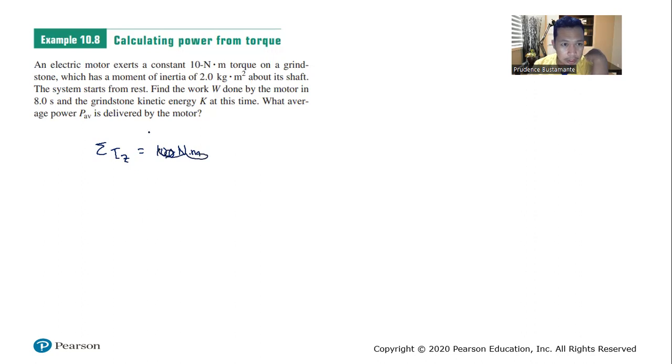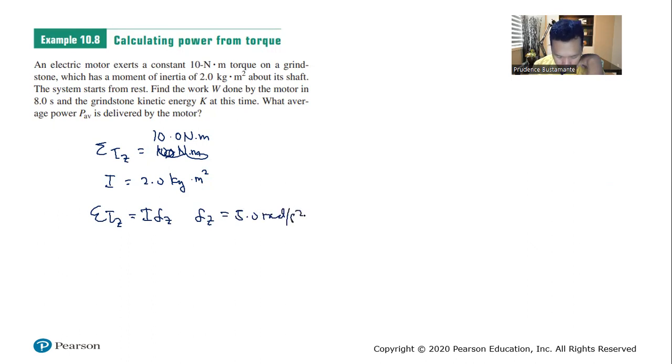We also have I, which is equal to 2.0 kilograms meter squared. We also have that the torque z is equal to I alpha z, where alpha z is equal to 5.0 radians per second squared.